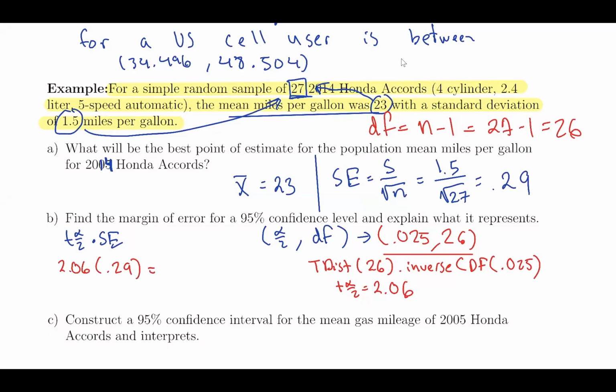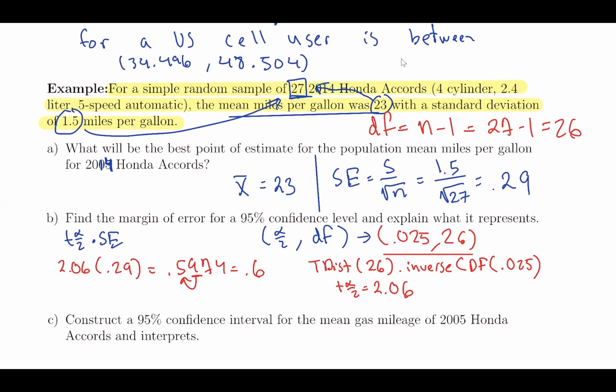So I'm going to do this in my calculator: 2.06 multiplied by 0.29. So you get 0.5974, but they just round this up to 0.6. So the 9 rounds up the 5 to 6. All right, so we get 0.6 for my margin of error.